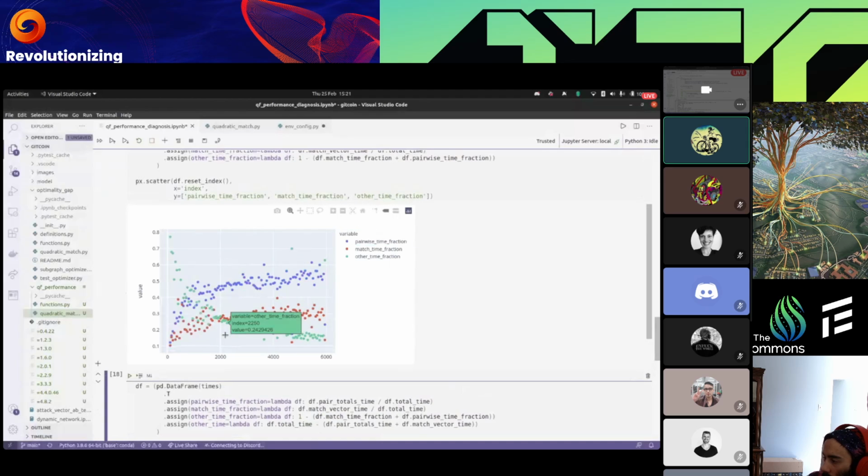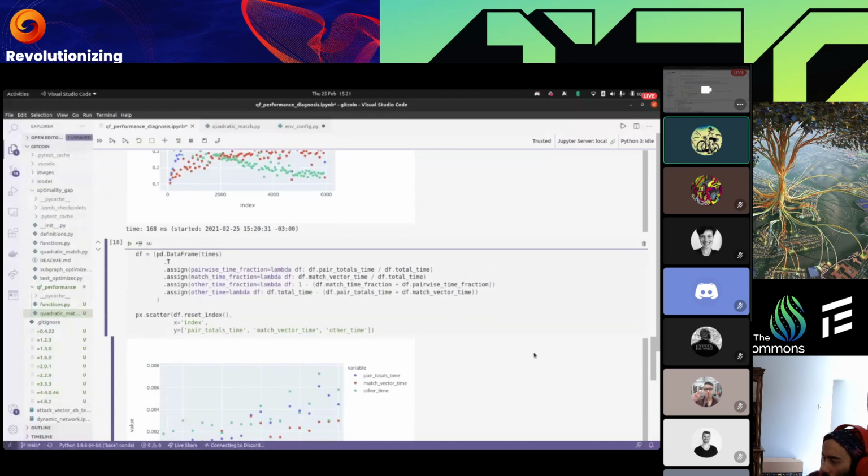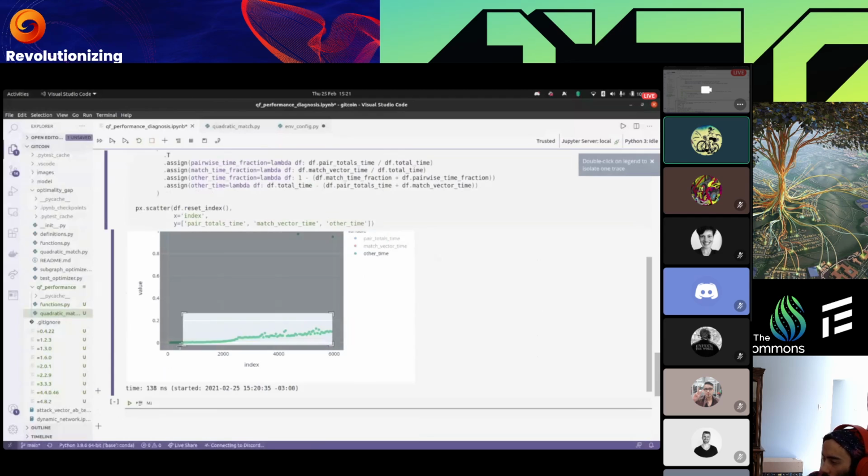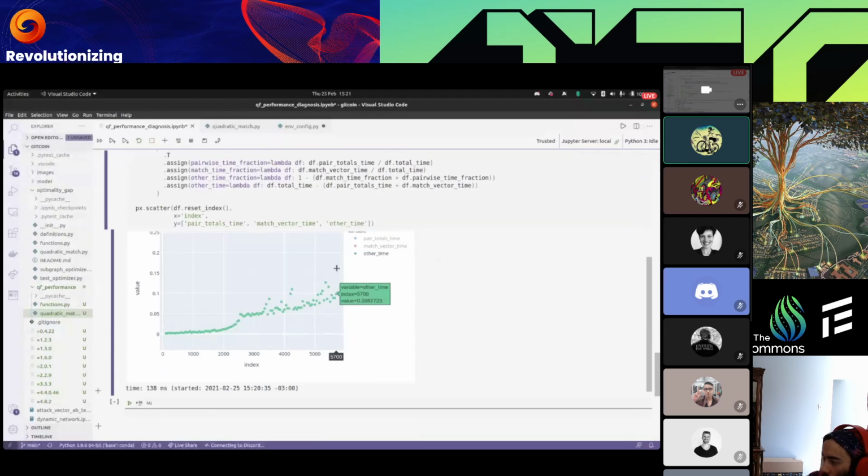But after 2,000, the pairwise time fraction keeps increasing at the cost of the other time. The match time keeps increasing at the cost of the other time. And then you have that curve here. One interesting thing is to make visible the pair totals and the match vectors so that we see only the curve for the total one.